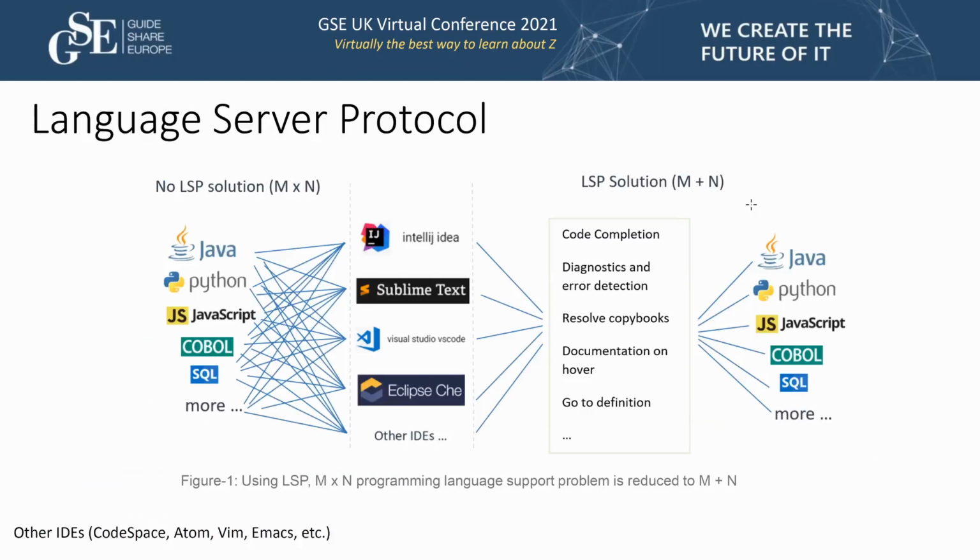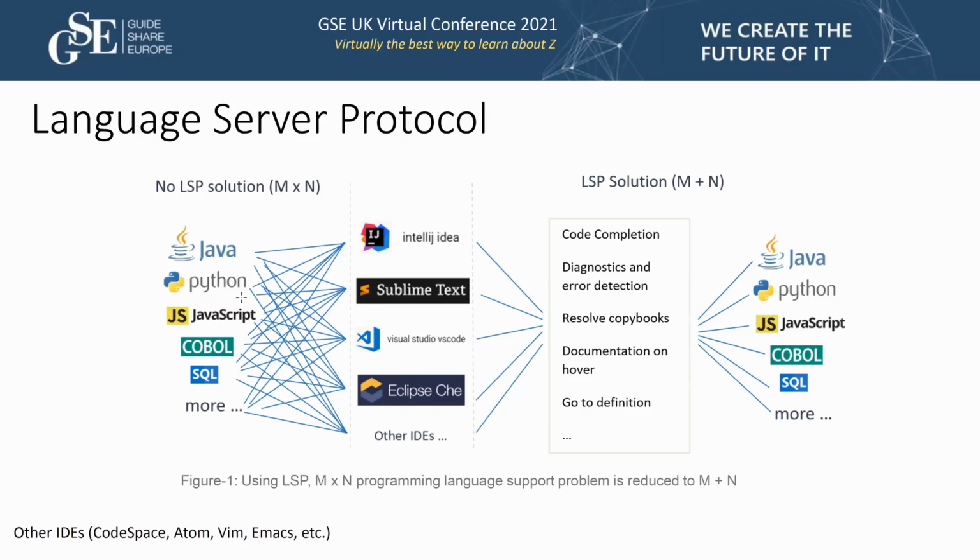So in this slide, I will talk about this picture. When we look at the left side of this picture and compare it with the right side, on the left side, as we see, there are 4 IDEs and multiple programming languages.